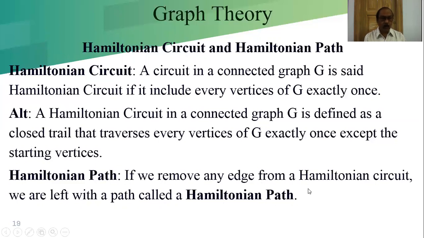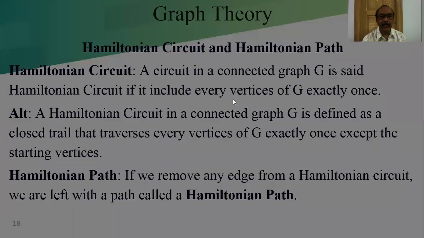That means the open path. From the circuit, if we remove one edge, we will get an open path, not a closed path. That open path is known as the Hamiltonian path.